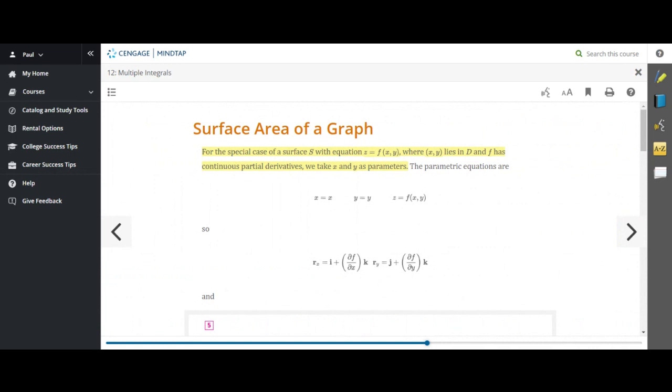I don't have a u and a v, but I have an x and a y. The derivative vectors are as you see there. Why would that be? Let me show you real quick.